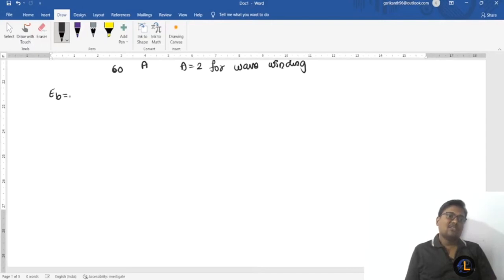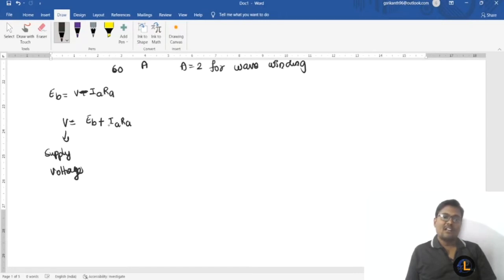So Eb is equal to V minus Ia into Ra. Whatever the supply voltage is, it is used to meet the back EMF and to overcome the armature resistance drop Ia Ra.